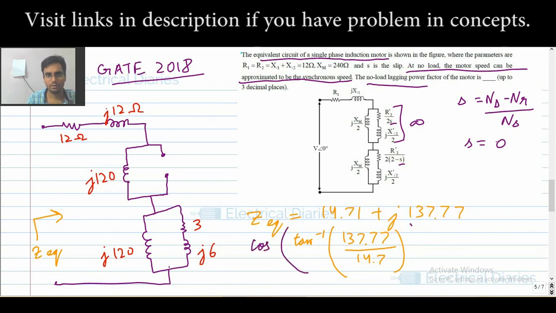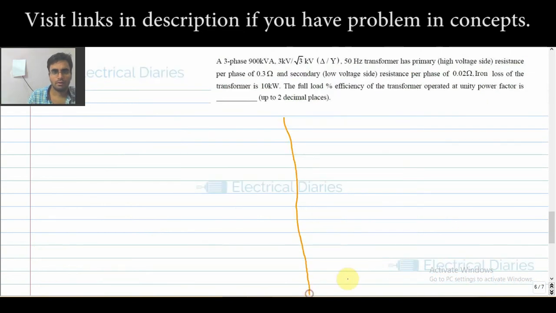So cos of this will give me my power factor, and that will come out to be 0.1062. Okay, so I hope you can do the calculations yourself. So this is the answer. Okay, now let us see this next question.